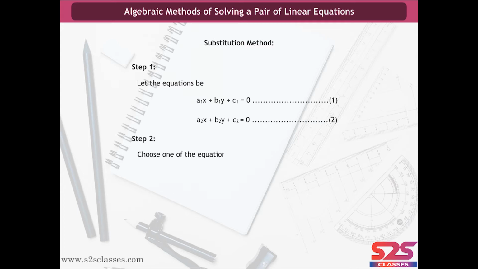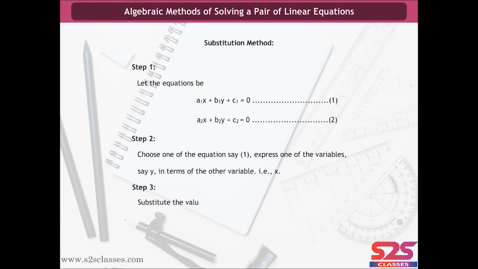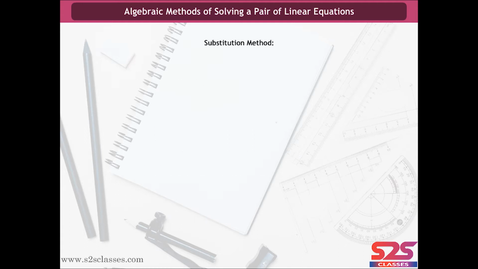Choose one of the equations, say 1, and express one of the variables, say y, in terms of the other variable, that is x. Step 3. Substitute the value of y obtained from step 2 in equation 2. Thus we get an equation in one variable, x. Step 4. Solve the equation we got in step 3 and get the value of x.